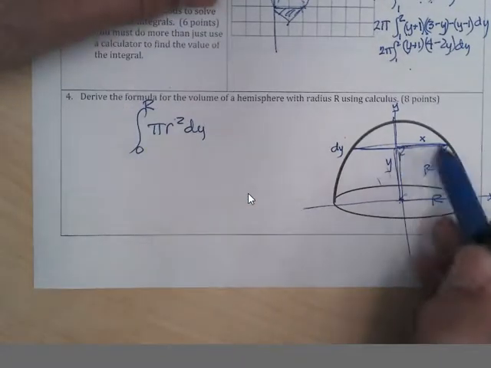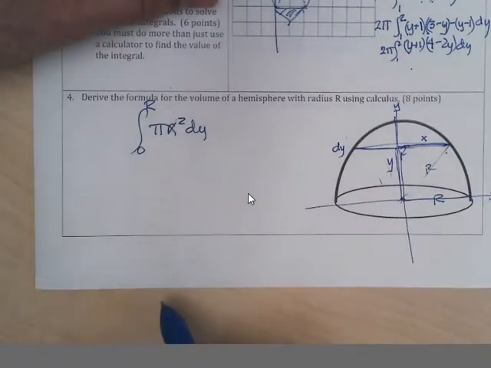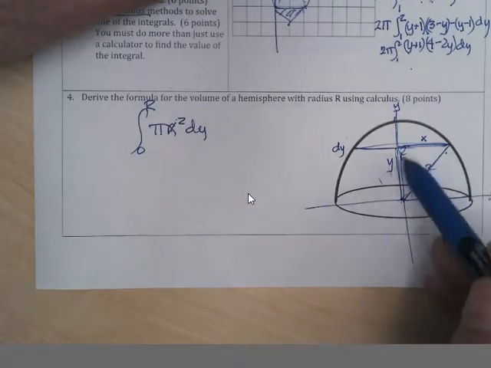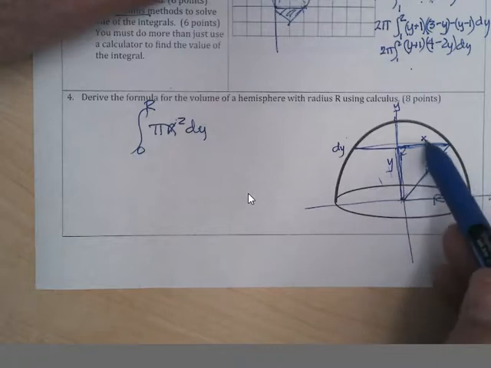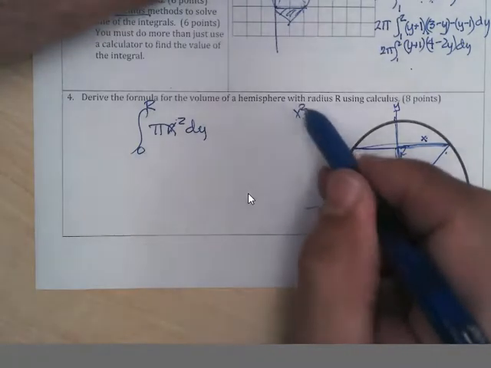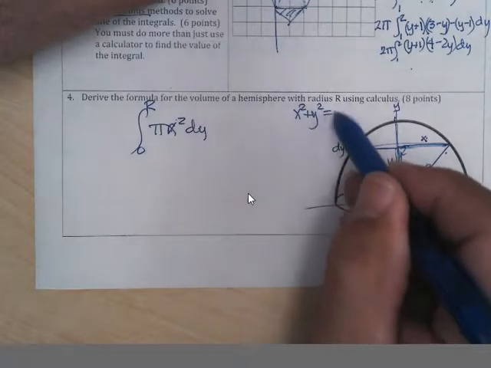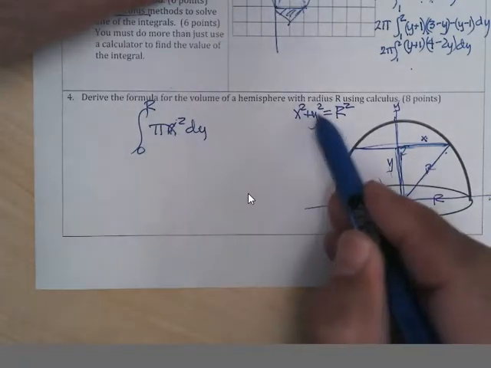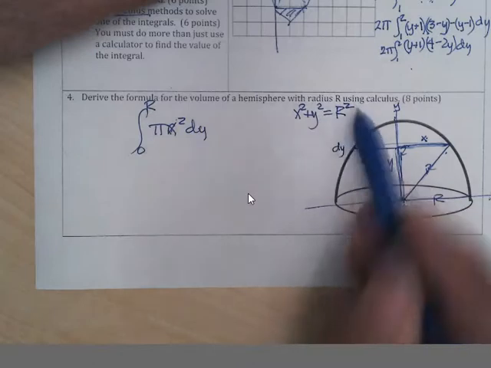But this radius is x, but I need to have it in terms of y, so I got to solve for x. And I can use this triangle to solve for the x. See, x squared plus y squared equals r squared. So x squared would be r squared minus y squared.